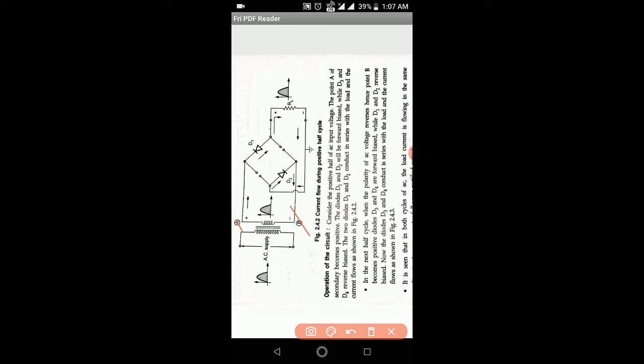Then diodes D1 and D2 are forward biased, and diodes D3 and D4 are reverse biased. So D1 and D2 are on and D3 and D4 are off.